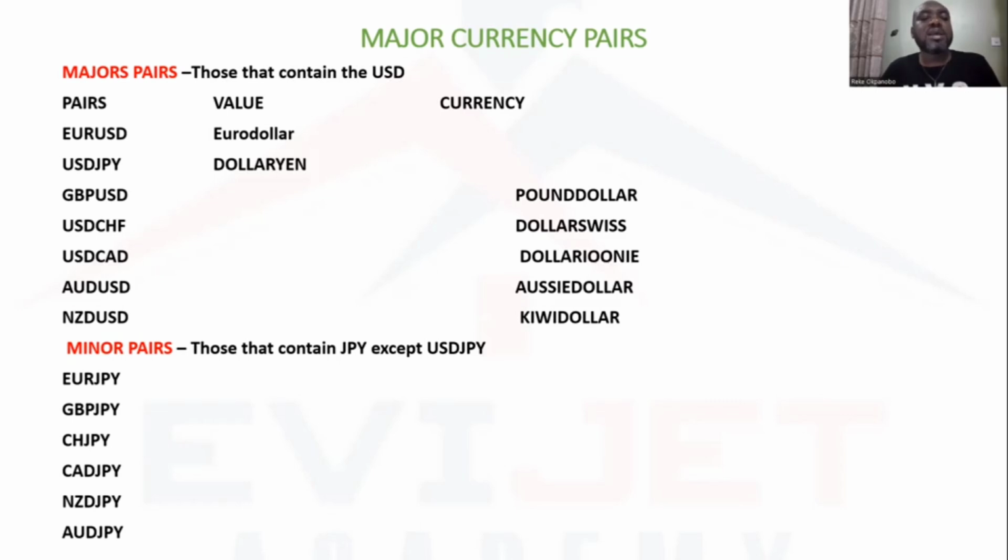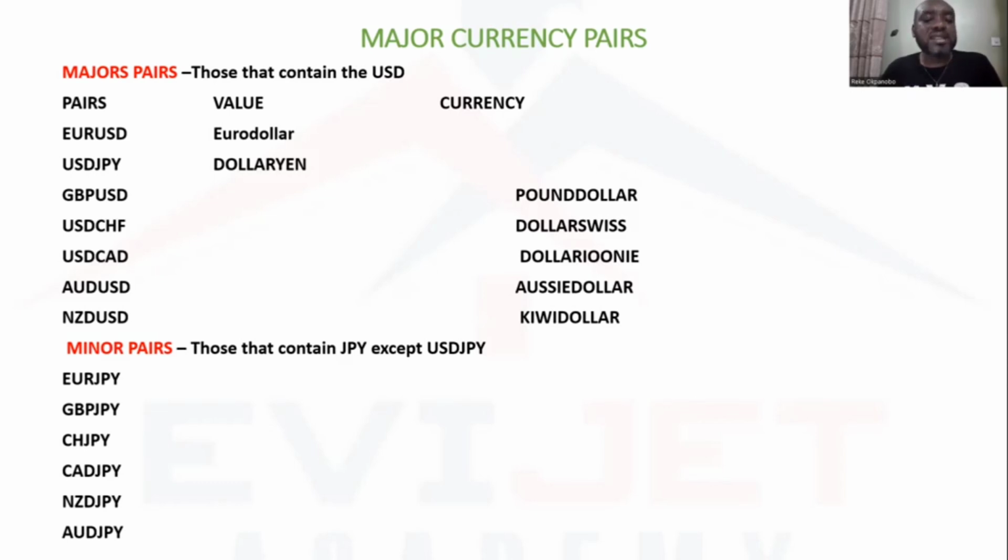So Euro USD is a major pair. Then USD JPY is a major pair. GBP USD, USD CHF, USD CAD, AUD USD, all of them are major pairs.